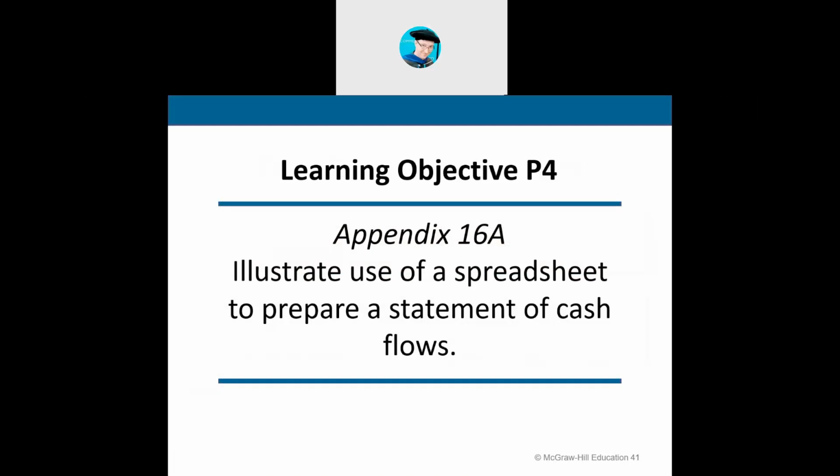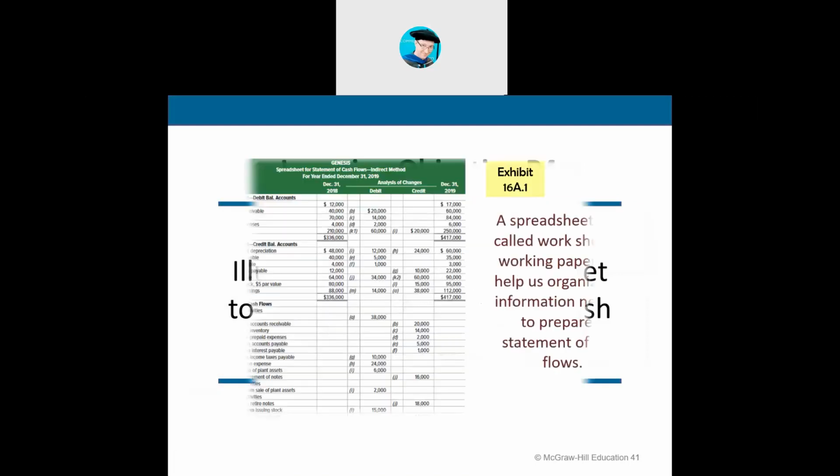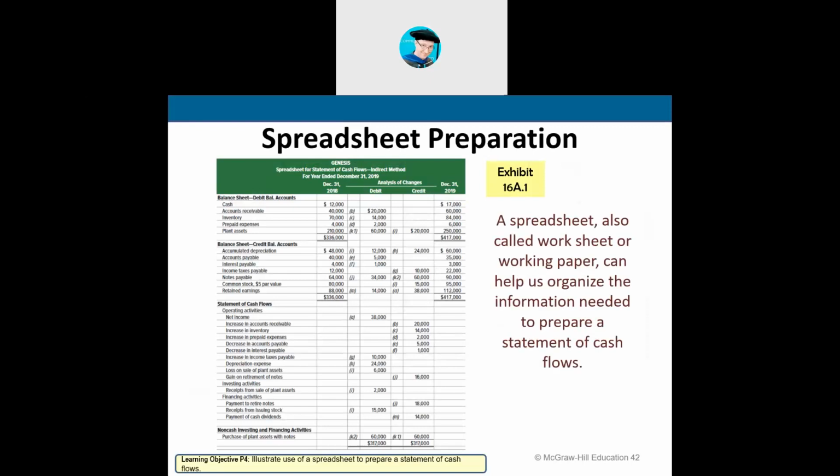Most companies will use a spreadsheet, or hopefully something like QuickBooks, to generate the statement of cash flows. This is a nice example of using a spreadsheet to help organize that information to prepare a statement of cash flows. But again, in today's modern age, most companies are using some type of accounting software to help them generate the income statement, balance sheet, statement of cash flows, and statement of retained earnings.